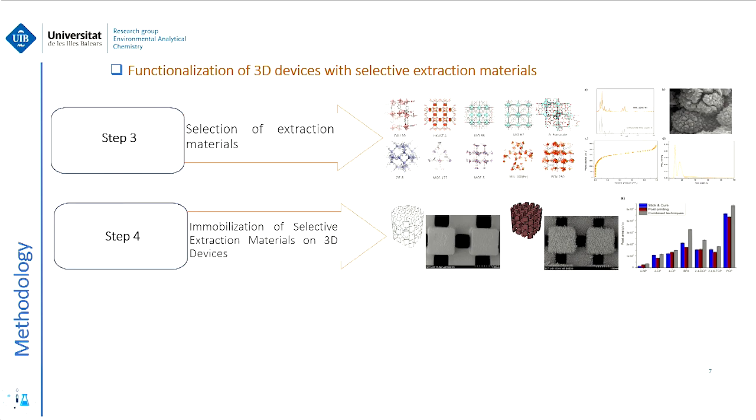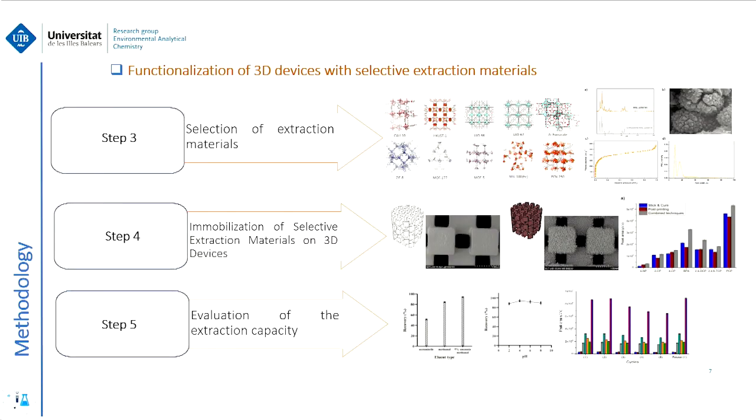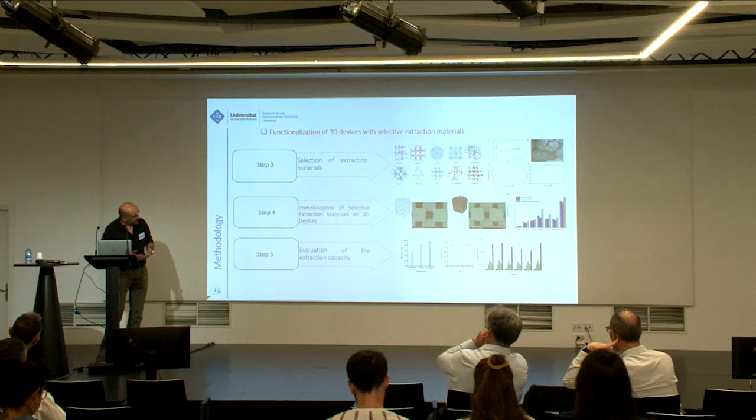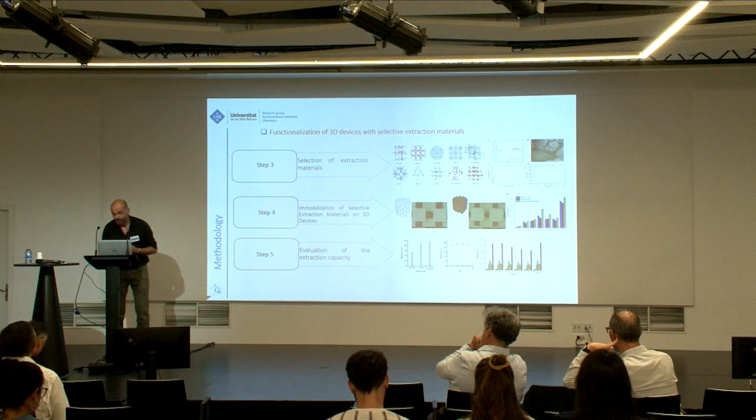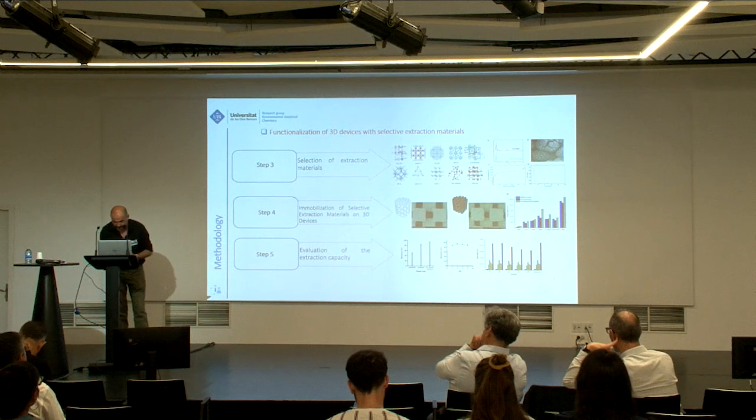We need to immobilize this selective material in the devices. The last step is to test and evaluate the extraction capacity. We need to check, for example, the solvent, the pH, and the different cycles we can use the device for.